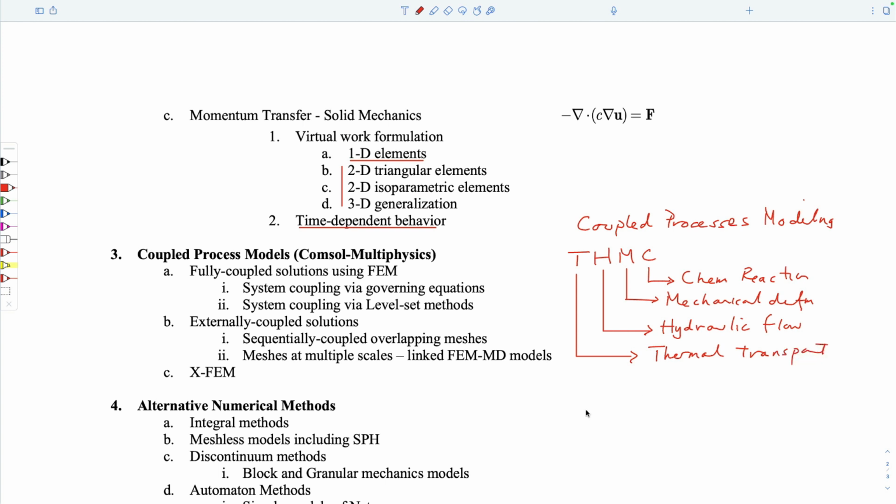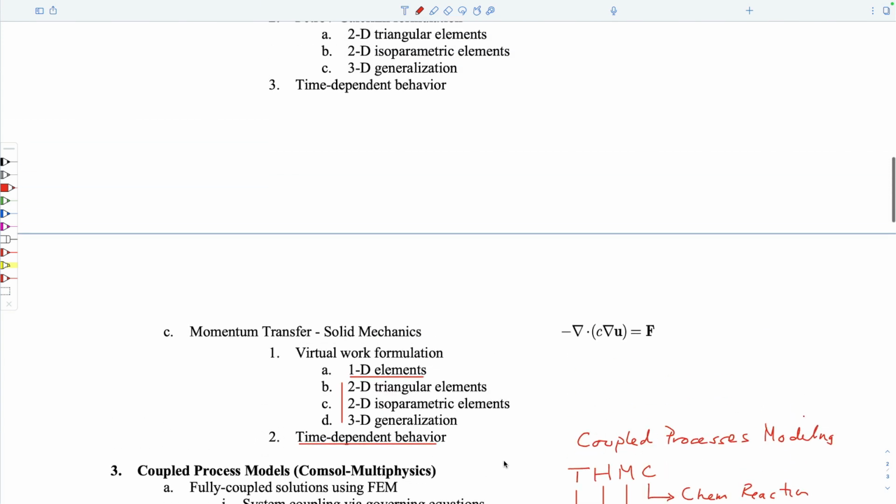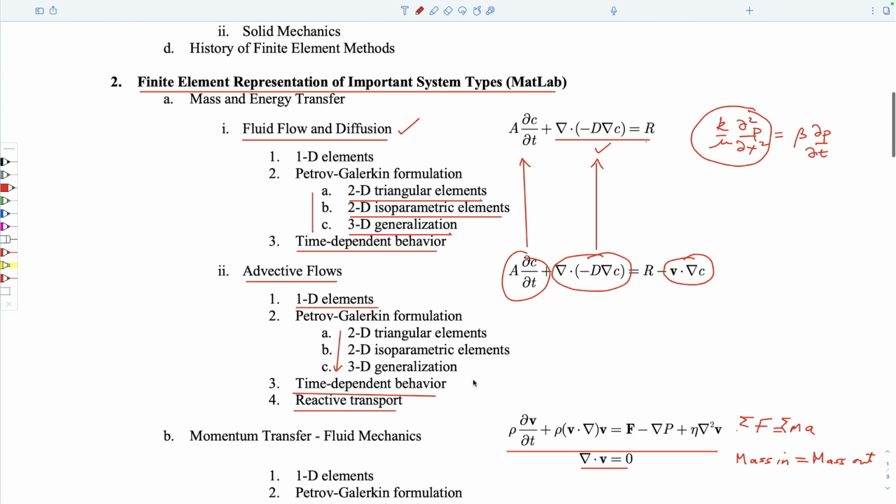So my reason to mention that is that if we look at each of these individual components, then this is hydraulic flow and potentially heat transport. This is potentially heat transport only by diffusion, conduction.